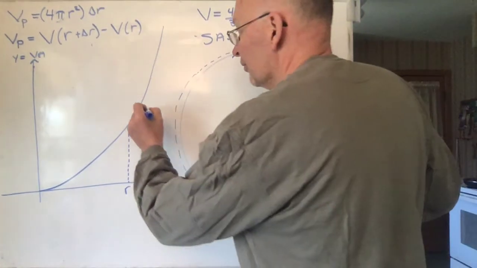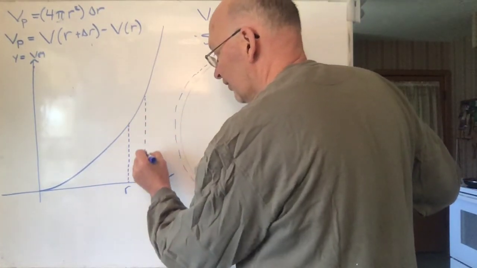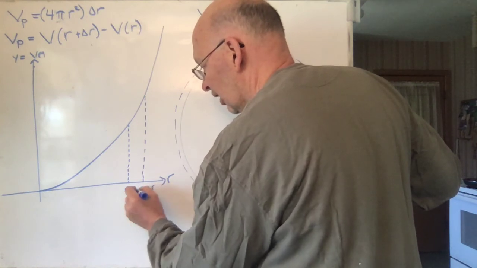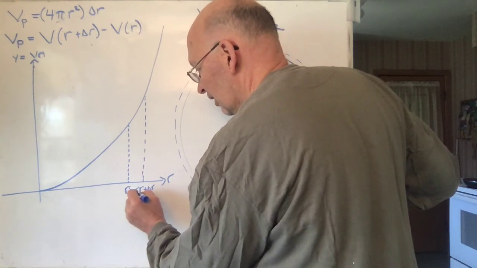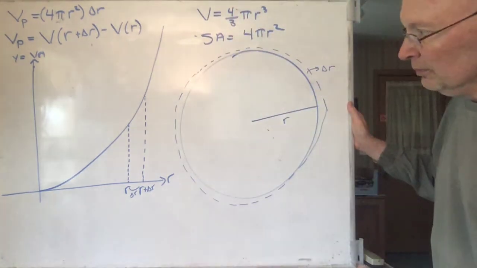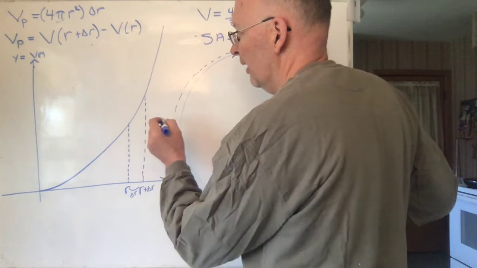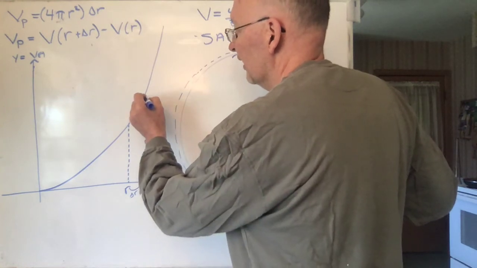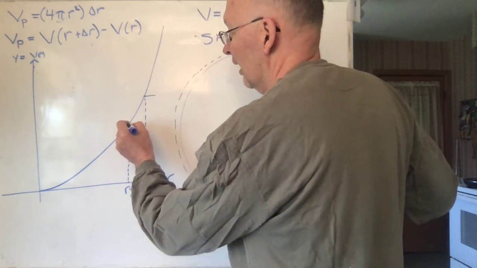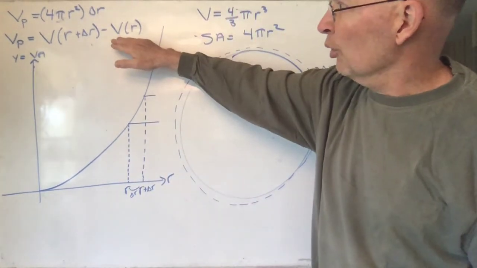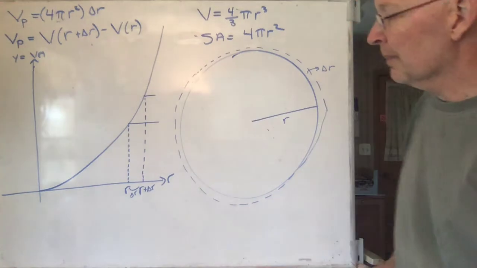And again, I'll move this a ways away just to emphasize the difference. And this is going to be R plus delta R. So this change right there is delta R. Well then, if you want the true amount of volume that you're going to need, you need to take this value right there and subtract that value right there. And that's going to give you the total amount of paint that you would need.